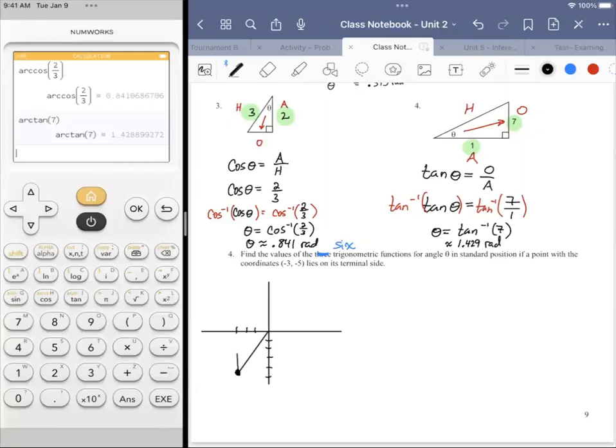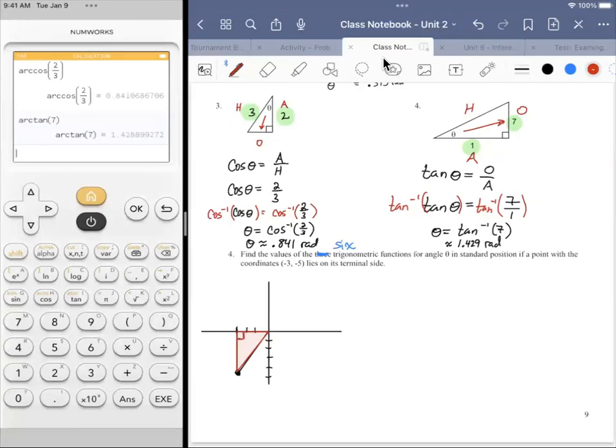So we would drop an altitude to the x-axis and create a triangle out of that, specifically a right triangle. So it would be this triangle here. When they say a triangle is in standard position, that means that one of the sides is on the x-axis, and the only way that that could play itself out would be if it were the horizontal side.